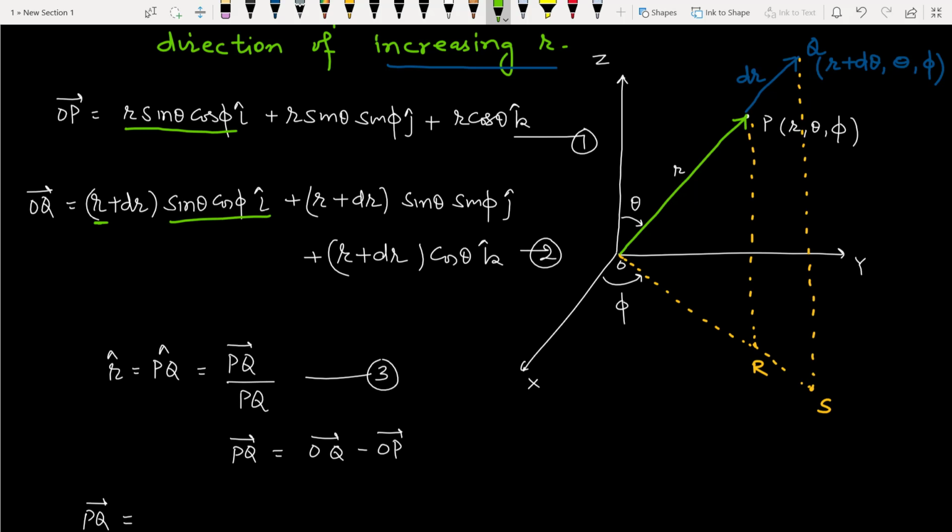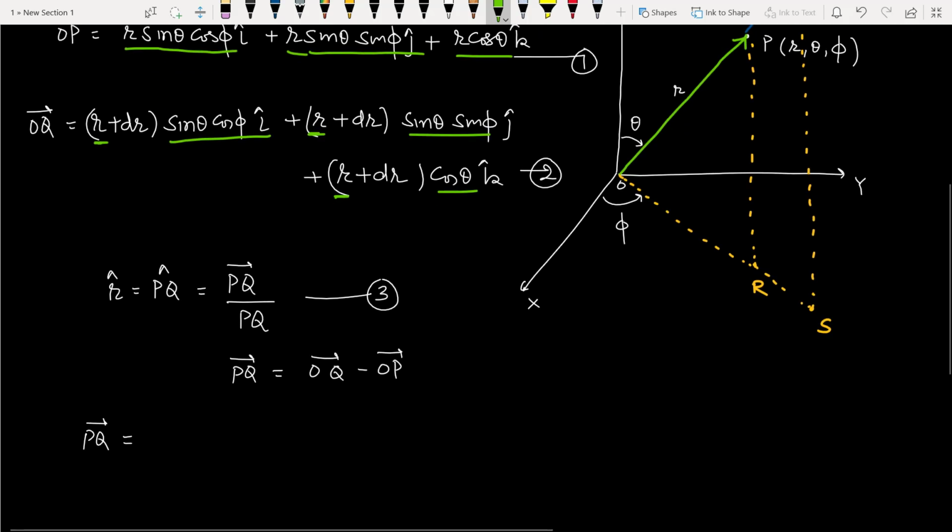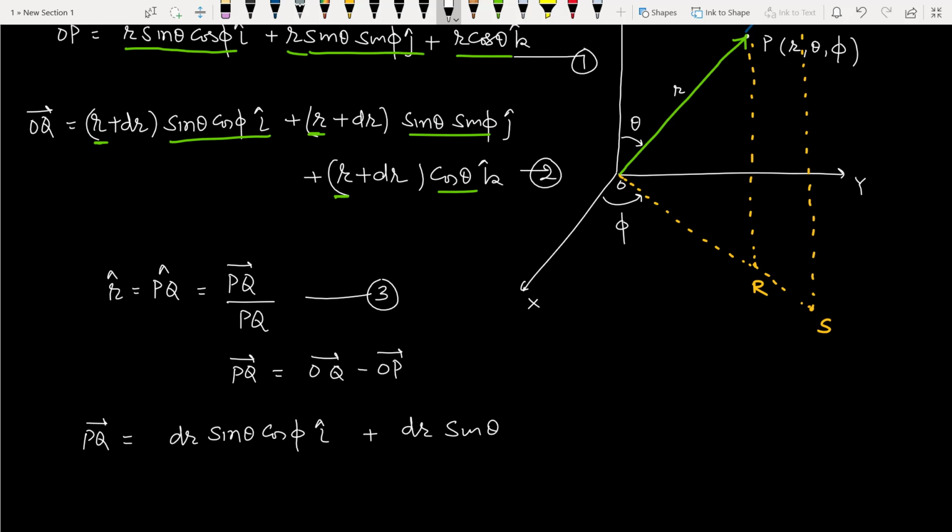When we subtract, this term will cancel out, again this term will cancel out, and here this term will cancel out. So what we are left with is terms containing dr: dr sin theta cos phi i cap, dr sin theta sin phi j cap, dr cos theta k cap.